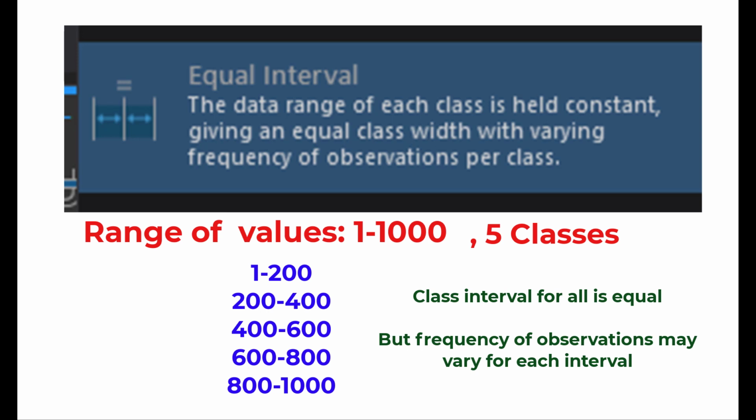When can we use it? For ratio data such as income and precipitation we can use it.